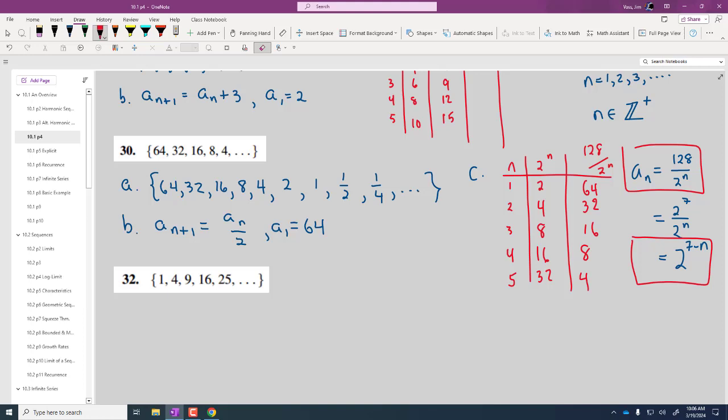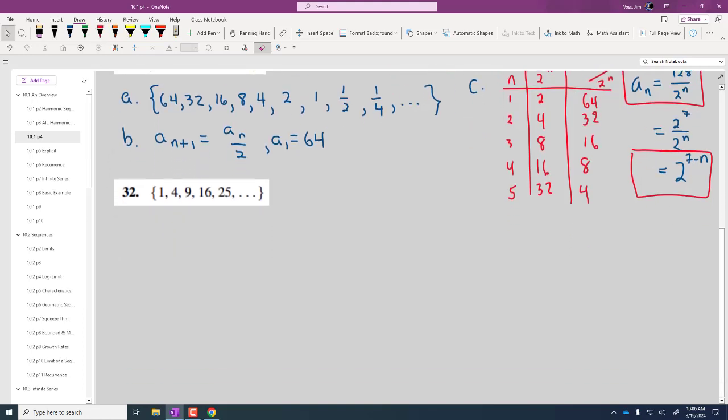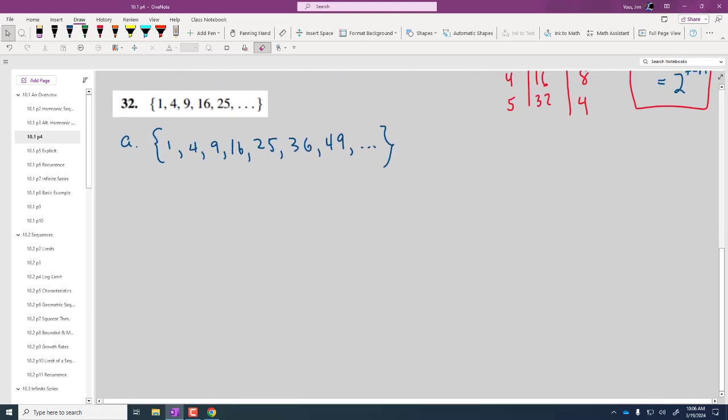All right, let's try this one. The next two terms are what? 36, 49. So clearly we're dealing with squares. To do a recurrence, we want the next term to be based on the prior term.